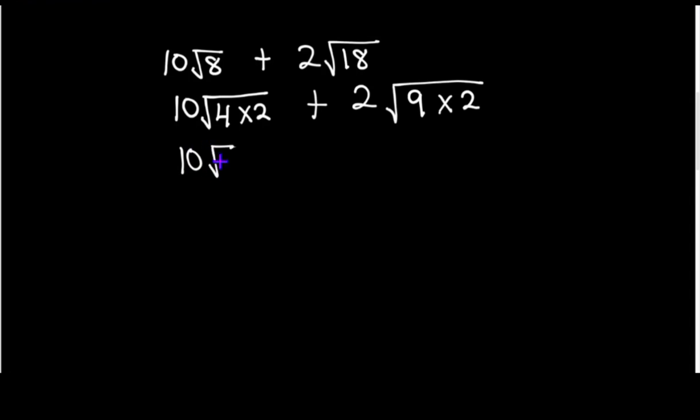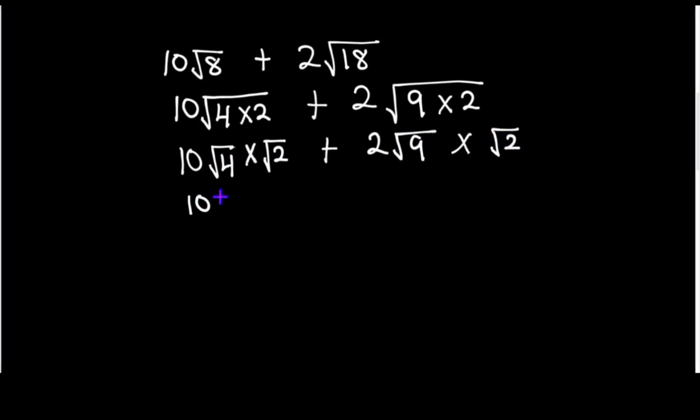We spread the roots across the factors: plus 2 square root 9 times square root 2. 10 times 2 times square root of 2 plus 2 times 3 times square root of 2. So square root of 4 is simplified to 2 and square root of 9 is simplified to 3.